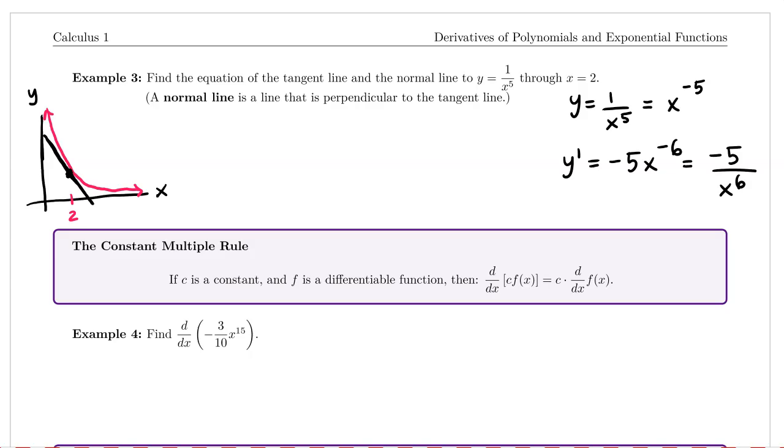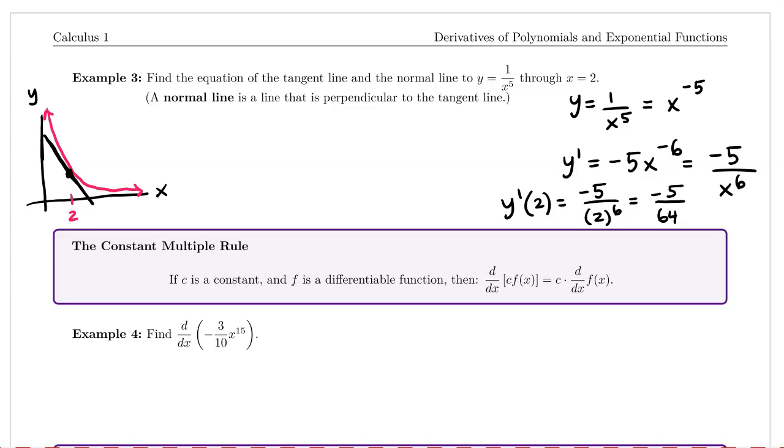Now what I'd like to do is find the slope of the tangent line when x equals 2. So I'm going to evaluate this for x equals 2. That's going to give me negative 5 over 2 to the 6th power, which will simplify to be negative 5 over 64.